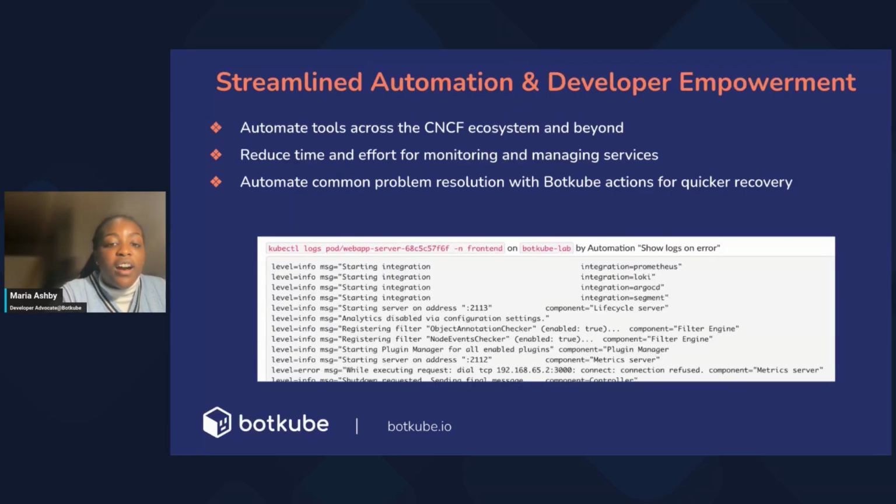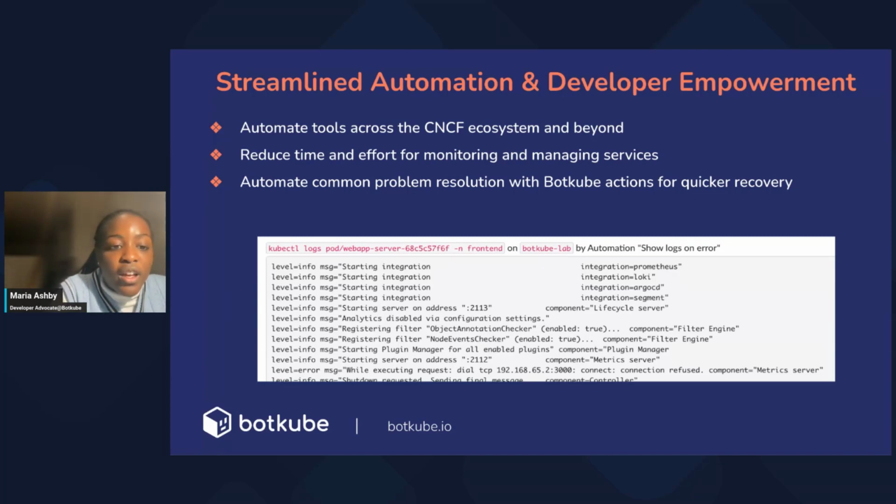And taking that one step further, with Botkube, you're able to not only streamline your command execution, you're also able to have automation set up in place. With automations, you're able to reduce the manual steps that occur in your troubleshooting process.